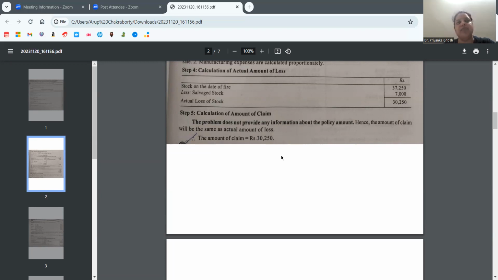Again, I am repeating: if the policy amount is given, the formula is policy amount into actual loss of stock divided by the value of stock on date of fire. As they have not given the policy amount, your actual loss of stock will be equal to the amount of claim. I hope all of you have understood the problem.